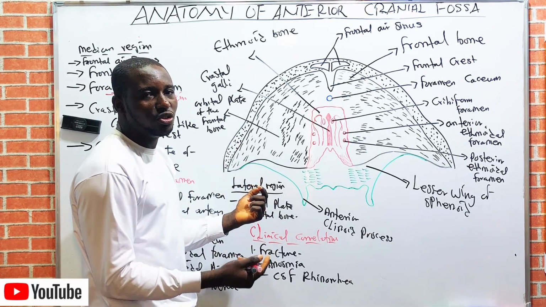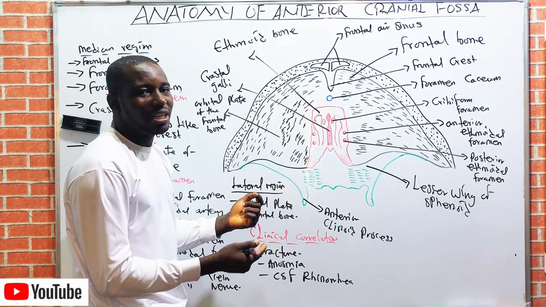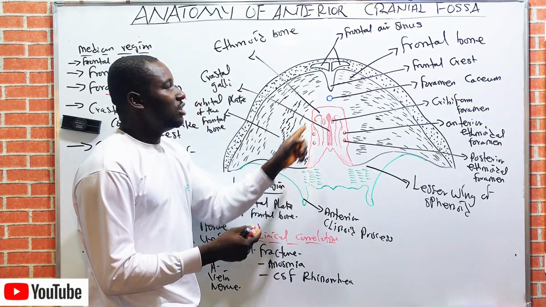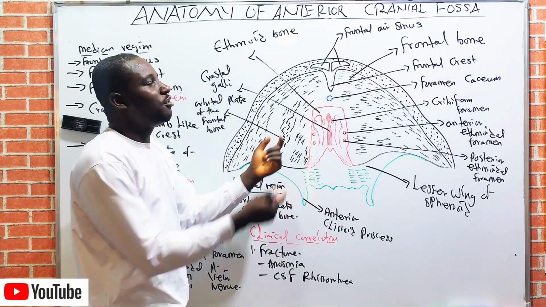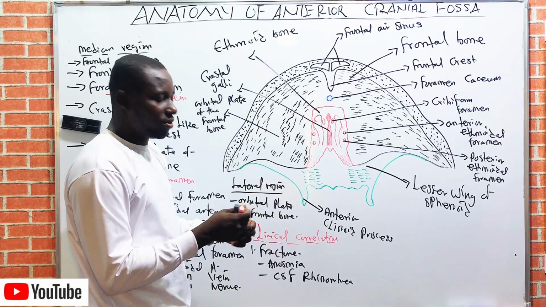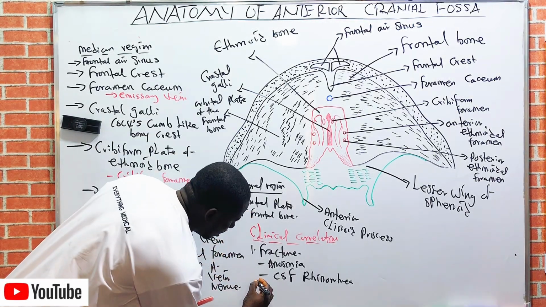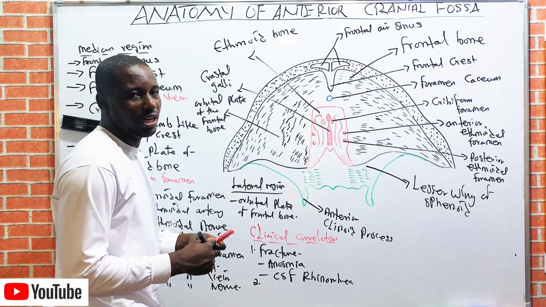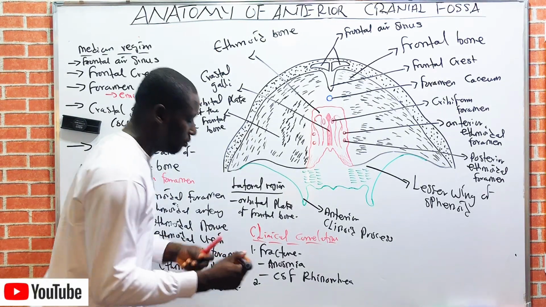So infection of the nasal cavity can spread to the anterior cranial fossa because there's an opening there. The infection can still flow through that region. So the next one is infection to the anterior cranial fossa through the foramen cecum.